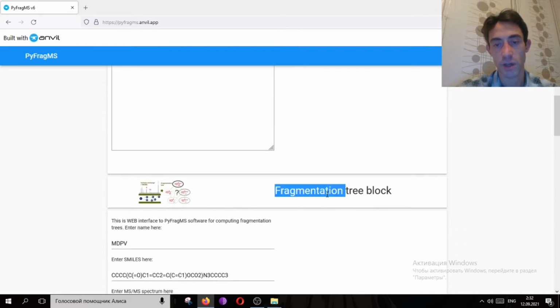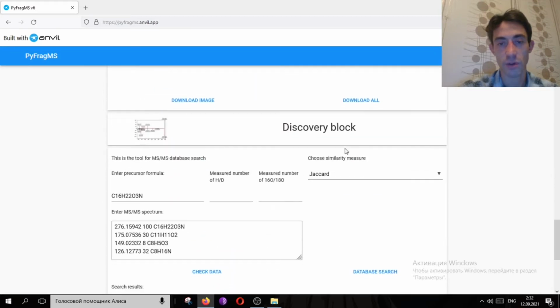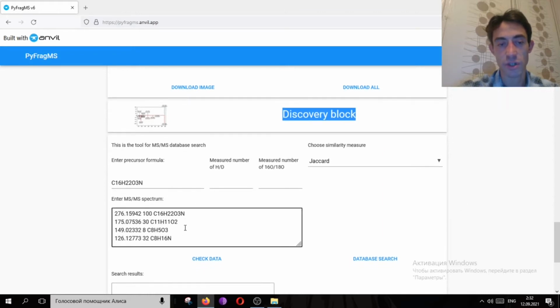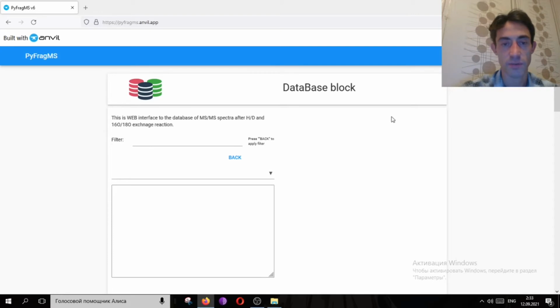The second block is dedicated to calculation of fragmentation trees, and the third block is dedicated to the MSMS search using information on the position of isotope labels in the MSMS spectrum. So let's start with the first block, the database.